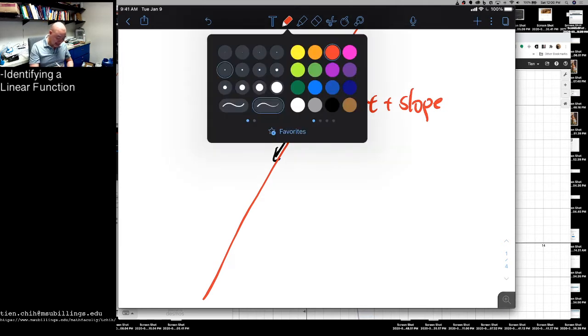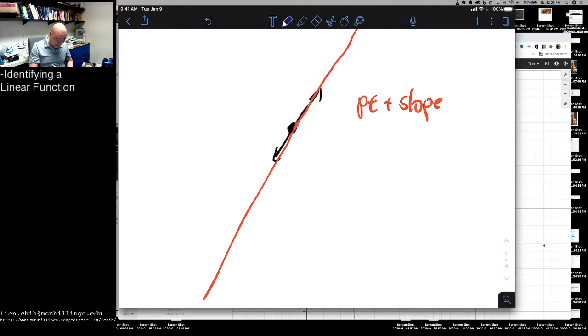So let's do an example of this. How about a linear function with slope, let's say -2, passing through (3, 4).